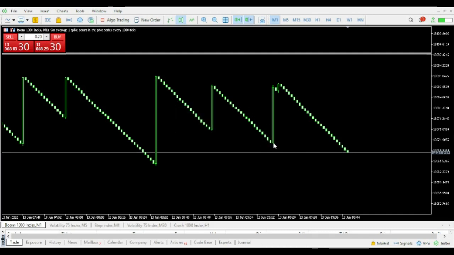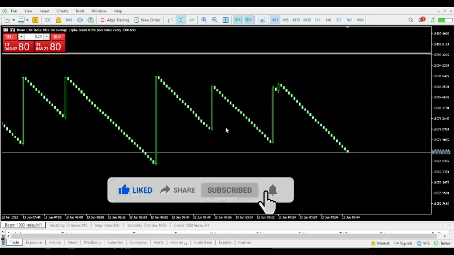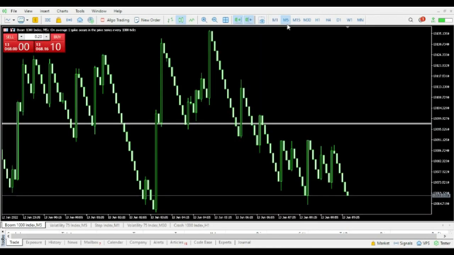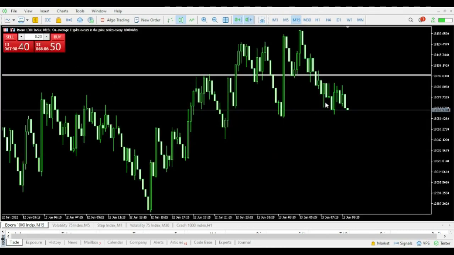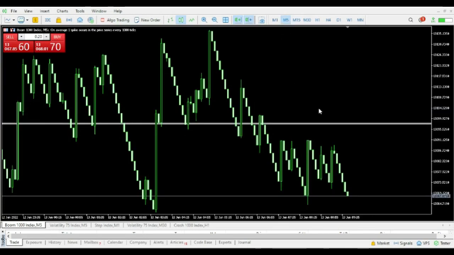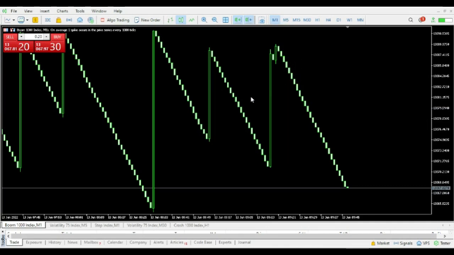We already know that it loves to spike up on the 1 minute time frame, and not so clear on the 5 minute. It's okay on the 5 minute. You can use the 5 minute. 15 minute, no. So you'll be able to use this on the 5 minute and the 1 minute, depending on your preferences.